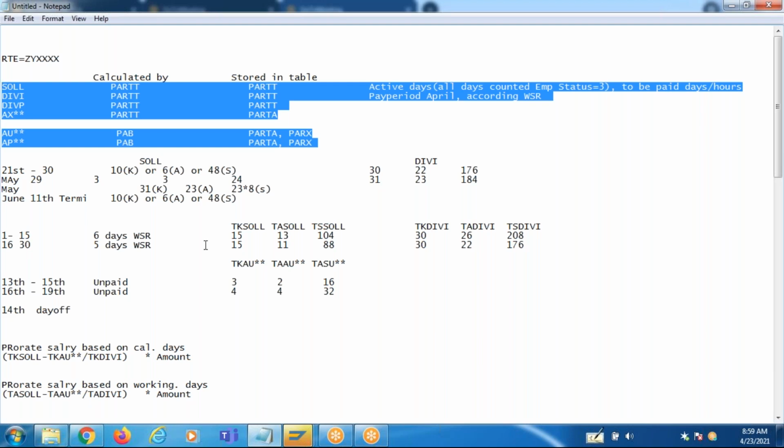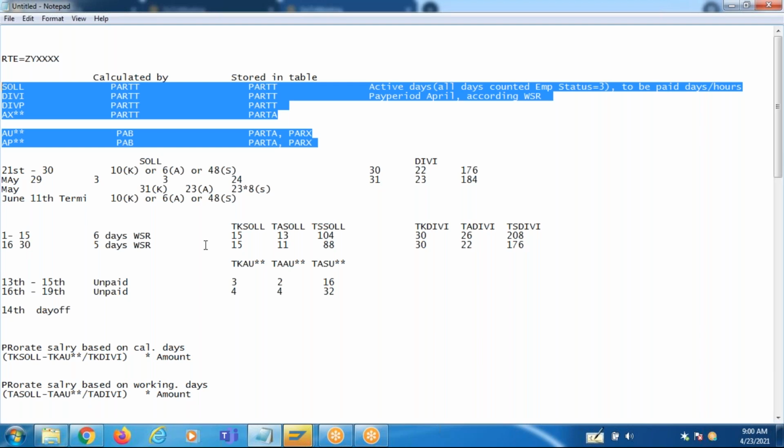Anyone? Which of these parameters? DAVA only? Or DAVP?